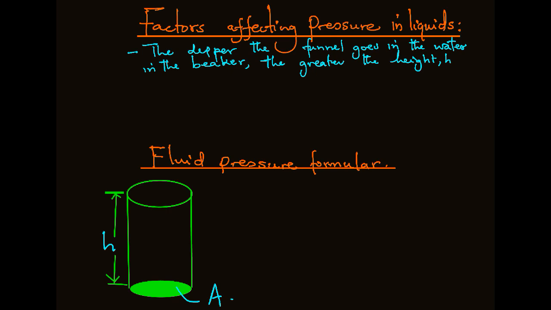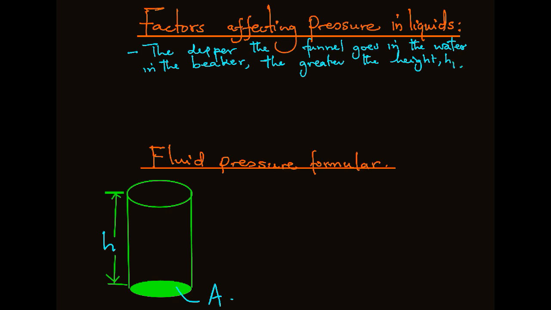Also, the same experiment can be used to show variation with density, and in that case, a different liquid is used and observations are made. The observation made in such cases is that the height h obtained for the first case is different from the second h obtained.